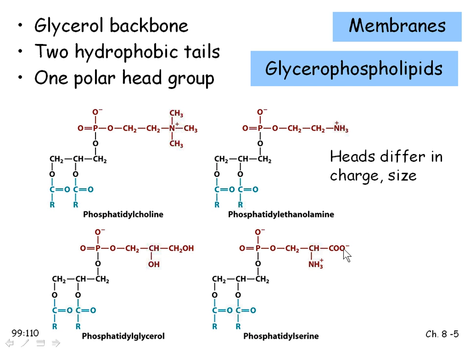So you can tweak the properties of these glycerophospholipids by changing the properties of the head group. That'll affect how the head group interacts with the rest of that polar part of the lipid bilayer. You can also affect it by what you have as the side chains, what fatty acids were used to make the fatty acyl side chains.